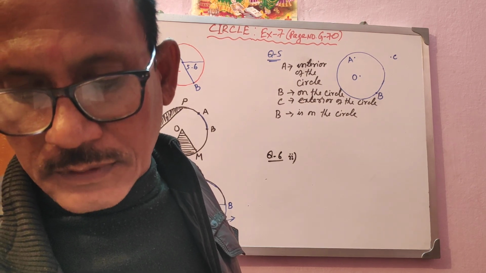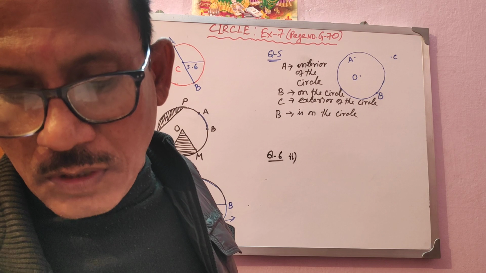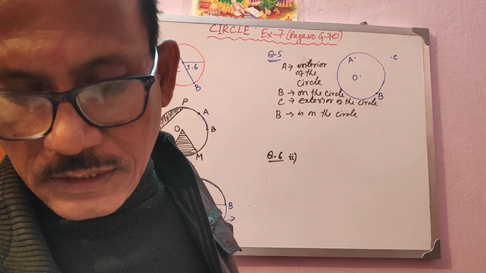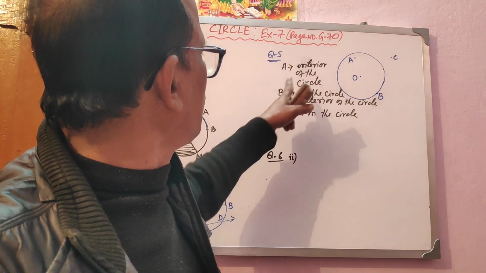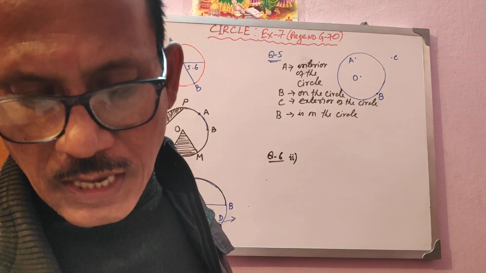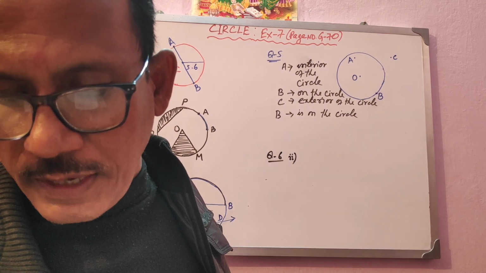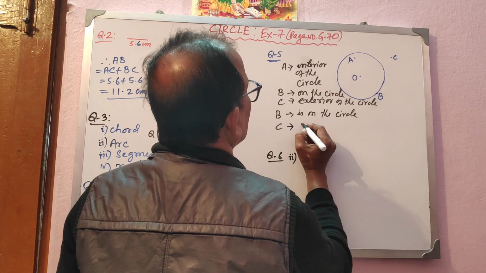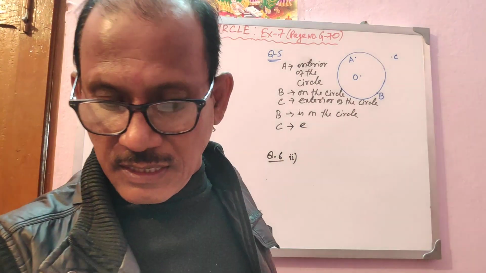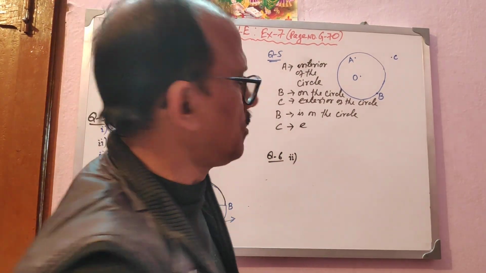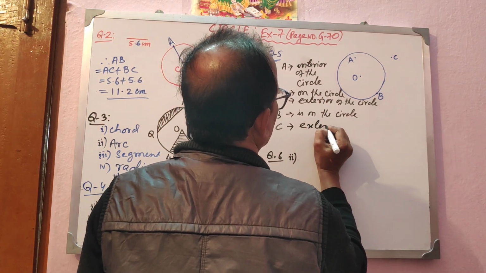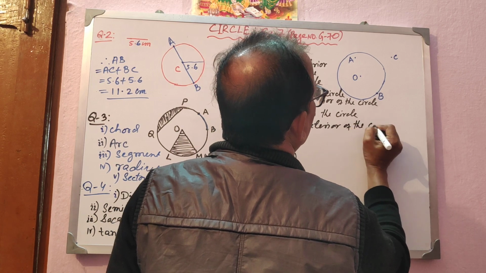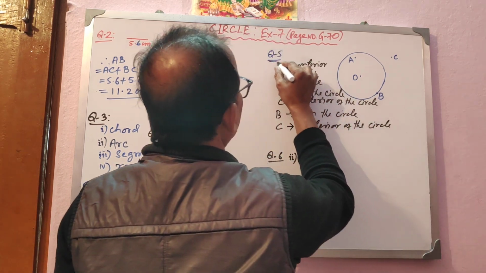And then the interior of the circle, I have already said. Point C is in the exterior of the circle. I have already written this.